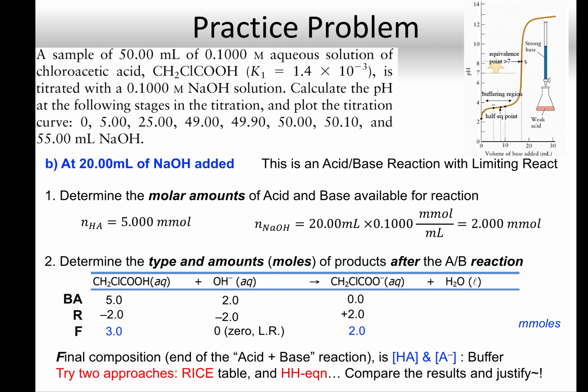There are always going to be certain differences because this is an approximation and this is more exact, but if the approximation is good, the results from these two different approaches should be the same.